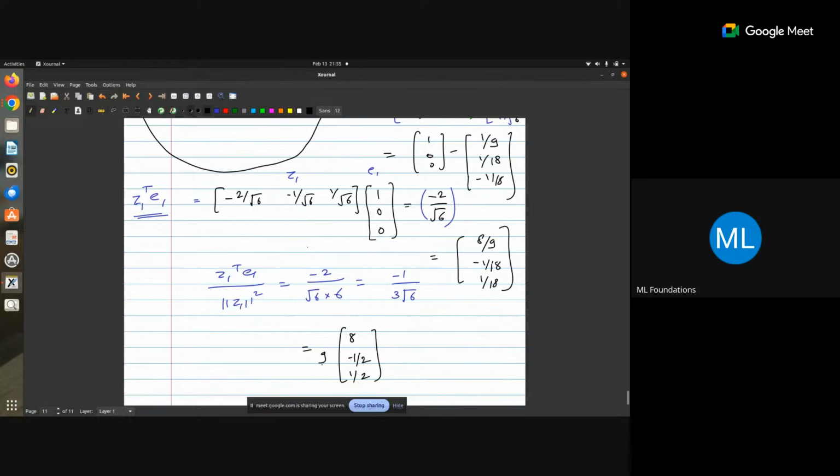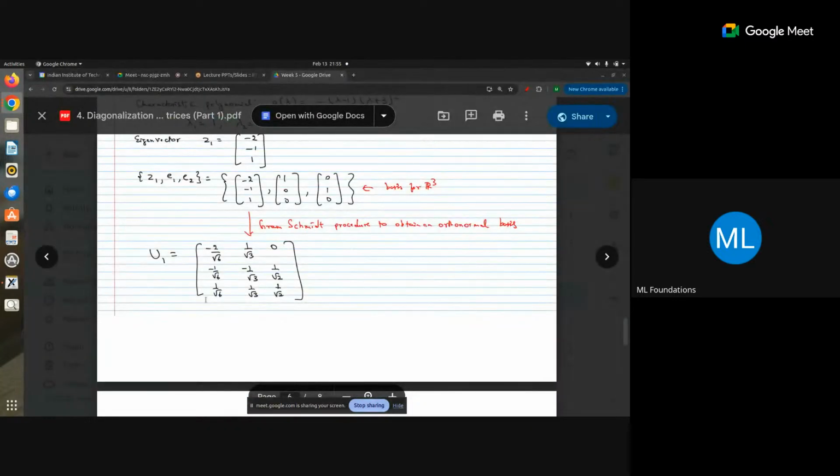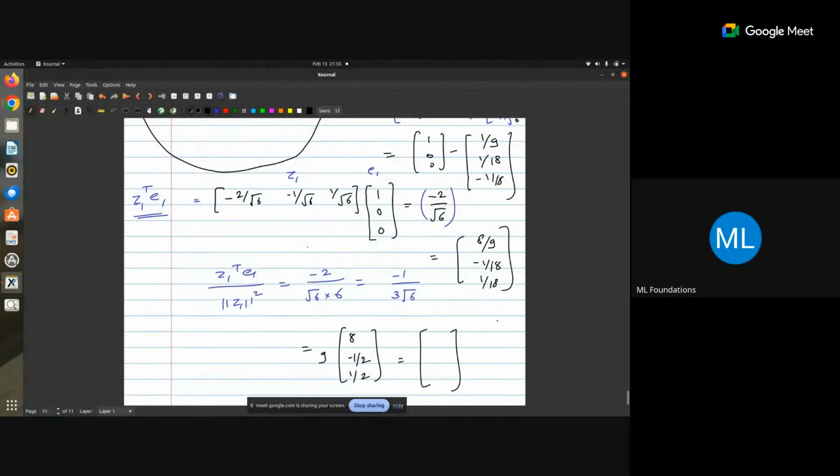I'll have to make this also a unit vector. If you do some calculations, maybe you'll have to divide it by its length. I'll do it for one, then we'll see. What is the length of it? 64 plus 1 by 4.